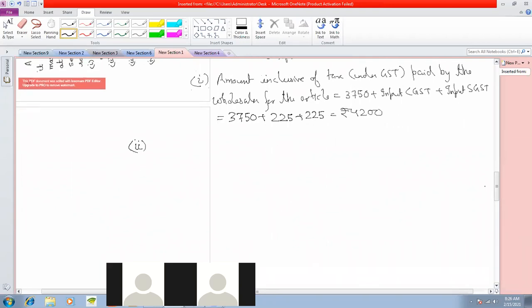The next question is: find the amount inclusive of tax under GST which the retailer pays for the article.